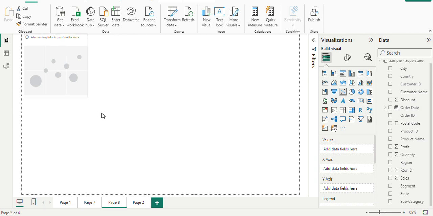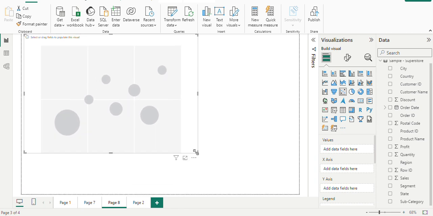The most important aspect about scatter diagrams in Power BI visualization is that they allow a lot more data points to be plotted compared to all other graphs: bar graphs, pie charts, waterfall, line graphs, and everything. The data point limit for a scatter chart is 10,000.